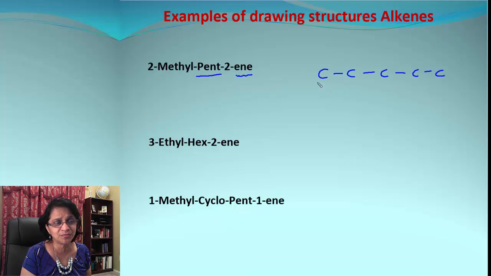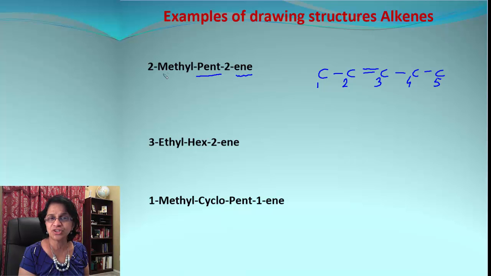So I'm going to number whichever way I feel comfortable with: 1, 2, 3, 4, and 5. At position 2, I've got a double bond. So that's pent-2-ene. And at position 2, I have a substituent, which is a methyl group. So I'm going to put the CH3.